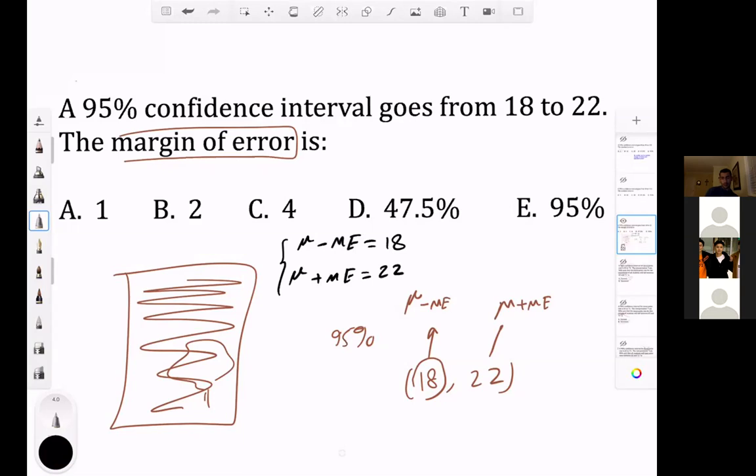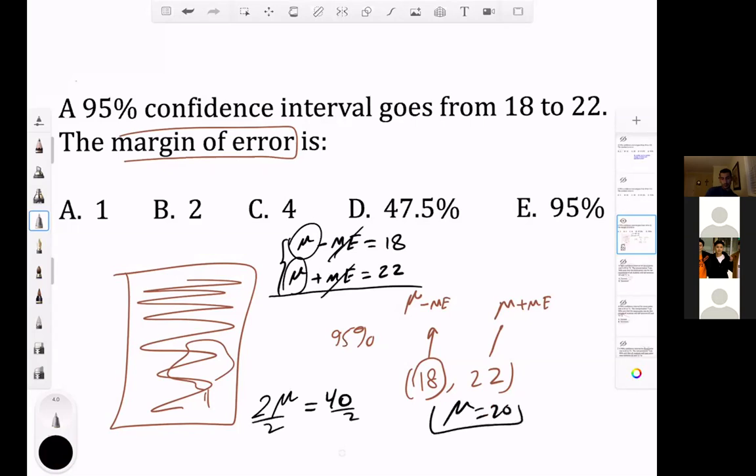If I add them, I get 2 mu, the ME cancels, 40 divided by 2, mu equal to 20. Then 20 minus 2 gives me 18, 20 plus 2 gives me 22. So 2 is correct.